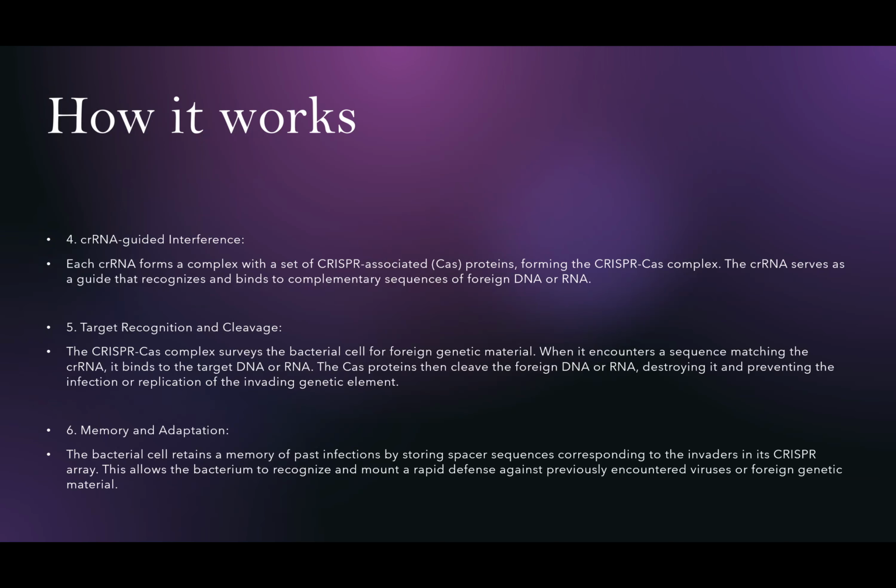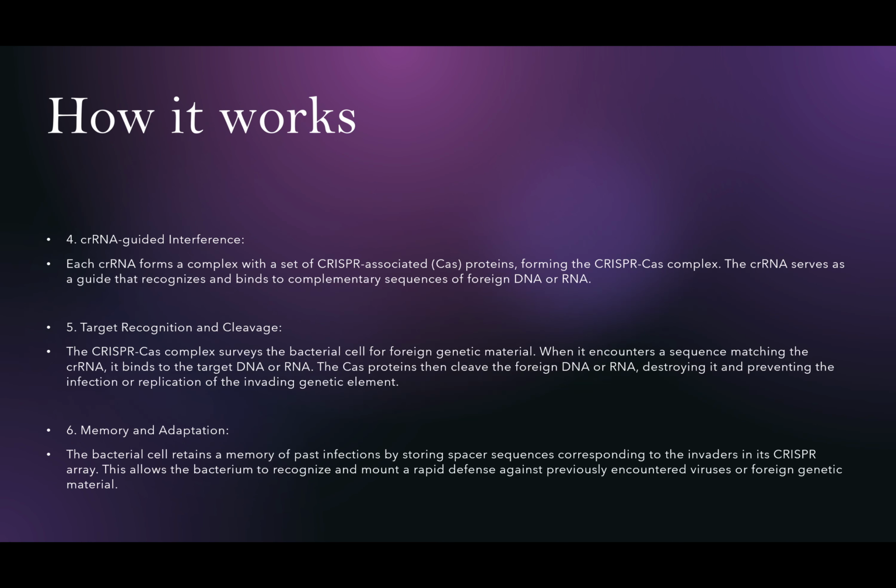So the CRISPR RNA now, each CRISPR RNA forms a complex with the CRISPR-associated proteins, what we call Cas. So that's where we get Cas9 from, CRISPR-associated proteins, forming the CRISPR-Cas complex. The CRISPR RNA serves as a guide to recognize and bind to complementary sequences in foreign DNA or RNA.